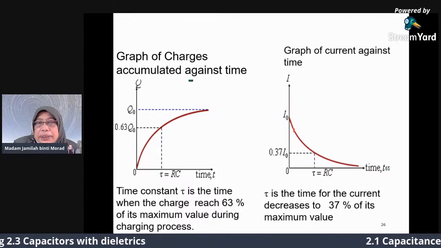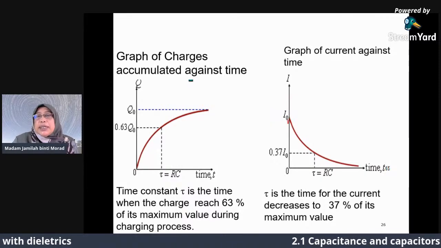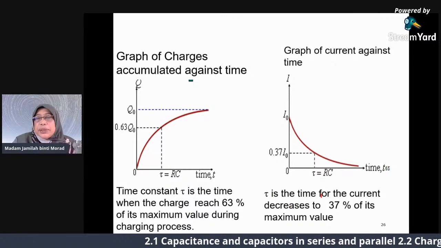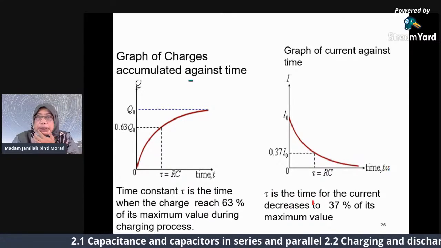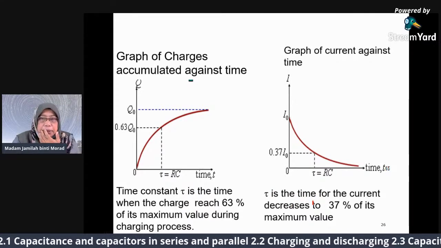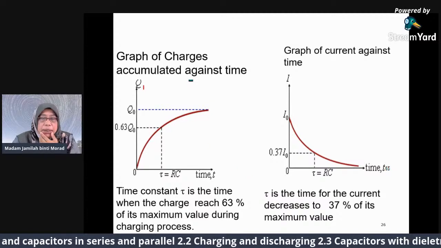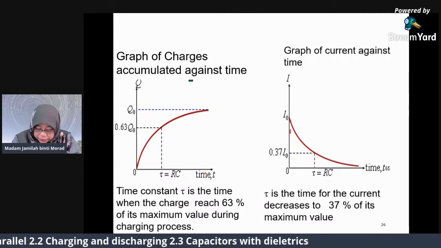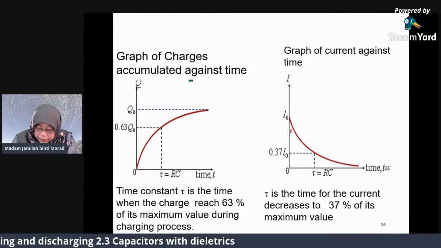After it passes the charge to the capacitor, the current will decrease exponentially. So tau is the time for the current to decrease to 37% of its maximum value.